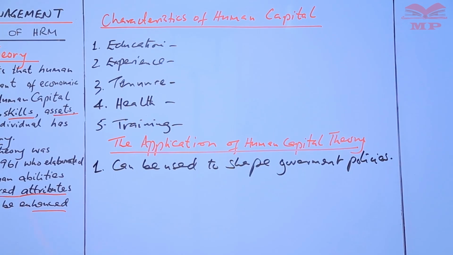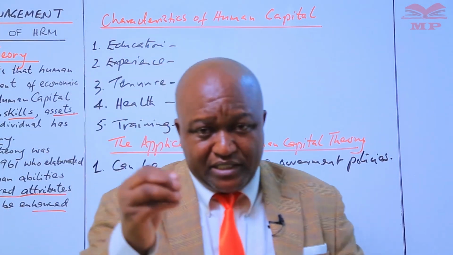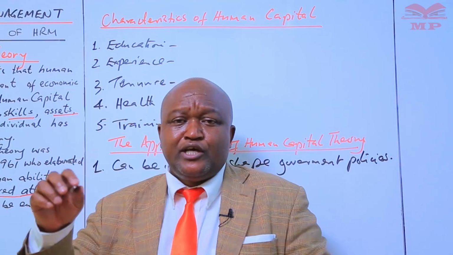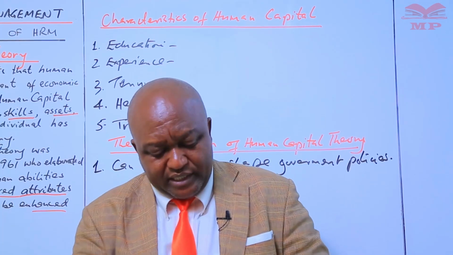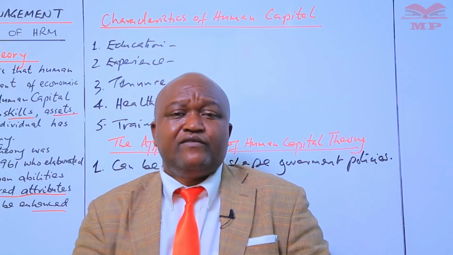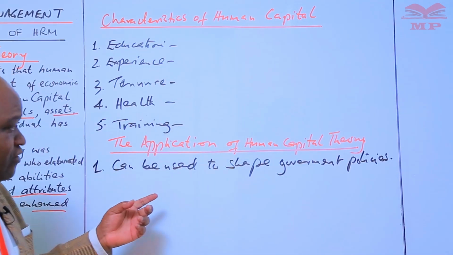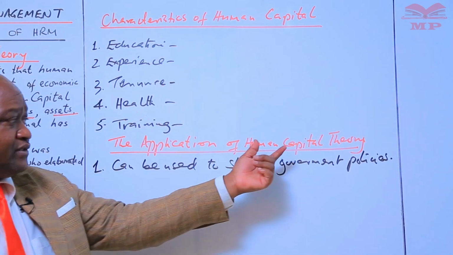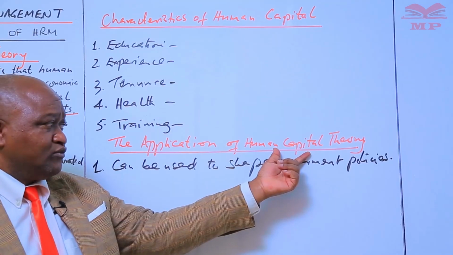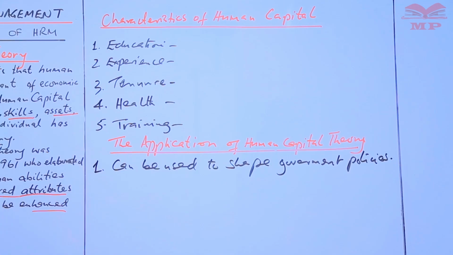Then if you go to many countries, including Kenya, you will realize that much of the budget used by government, a big chunk goes to the Ministry of Education to look at education at different levels, whether it is basic, secondary level, post-secondary level, university level. That budget could be informed by the thinking that an organization or a country that develops a strong capital base in terms of human capital can progress as a community and so on. So that is one area.